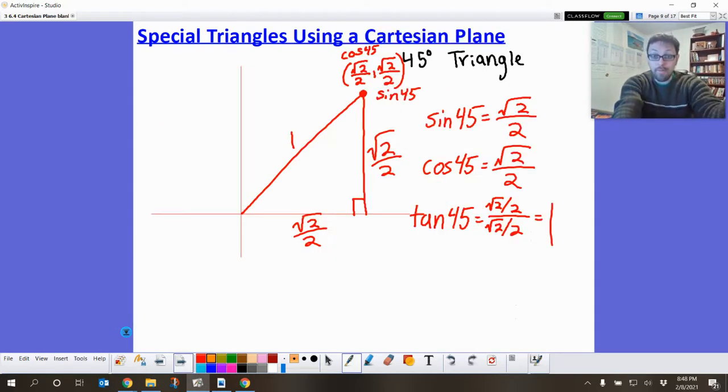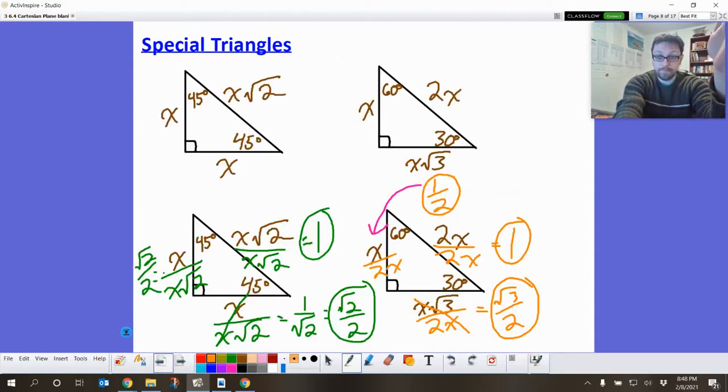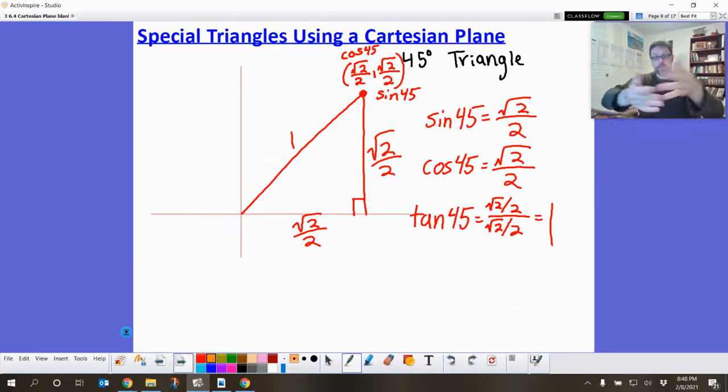All right, now what we're going to do is take those triangles, the ones I had right here. I'm going to start with this green one over here, and I'm going to make it red, and draw it right on here. I'm going to plop that 45, 45, 90 right onto the Cartesian plane.